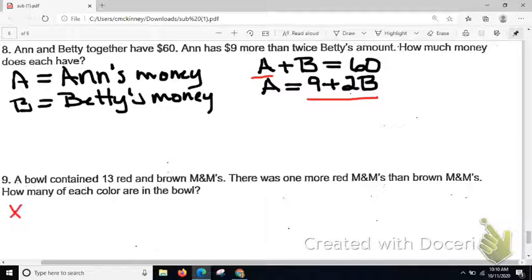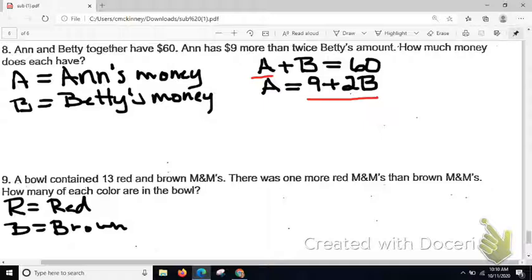So if I said that R is my red M&Ms and B is my brown M&Ms, and there were 13 red and brown, that's supposed to be total. So red plus brown is 13.